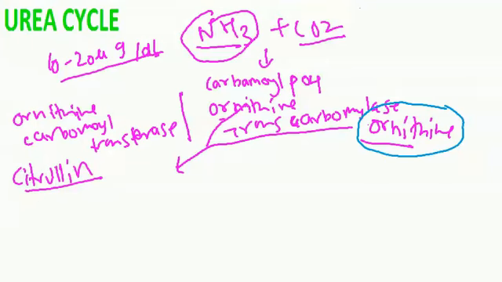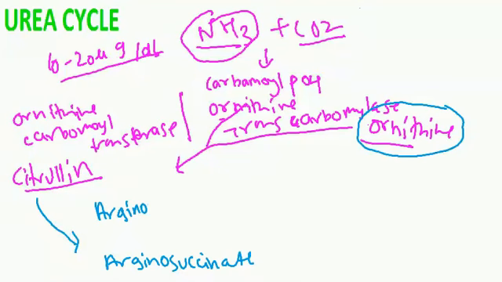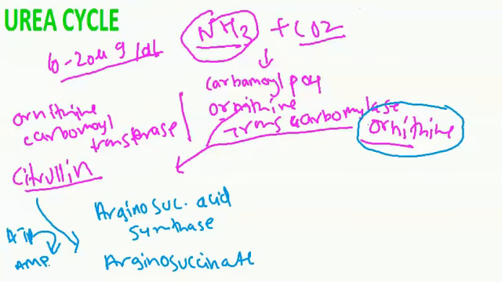The further reaction proceeds as arginosuccinate. And the enzyme acting here is arginosuccinic acid synthase. And yes, here ATP is consumed. It is converted into AMP, not in ADP, AMP plus PPi.